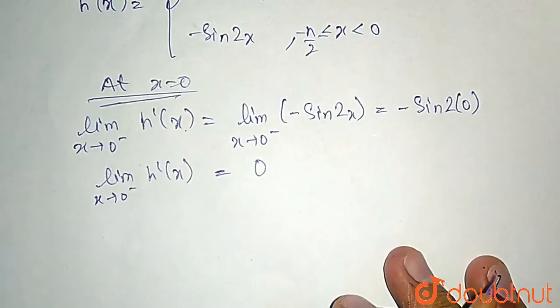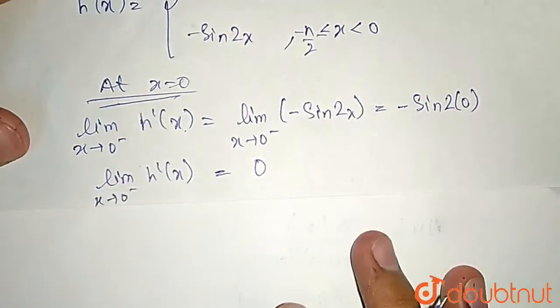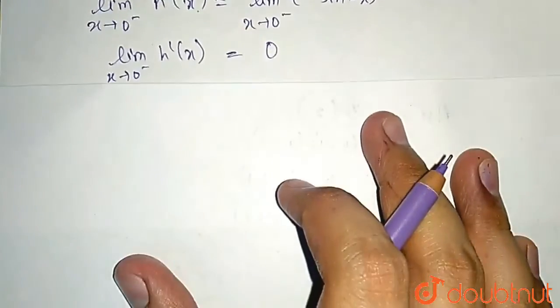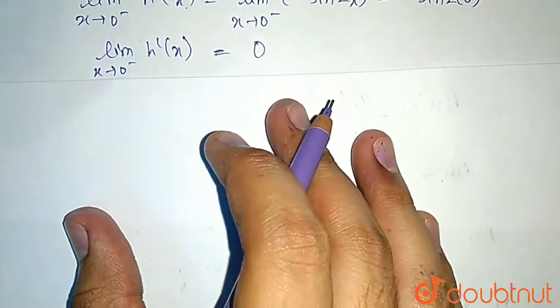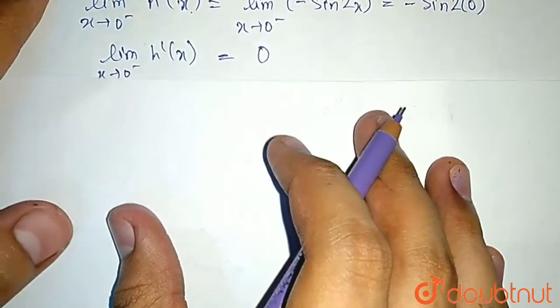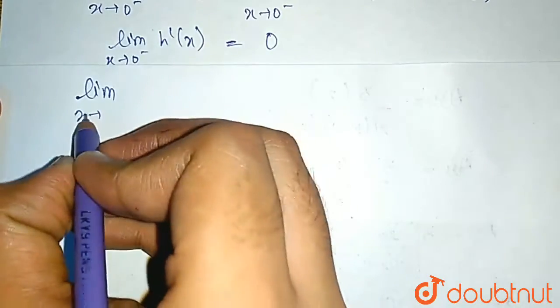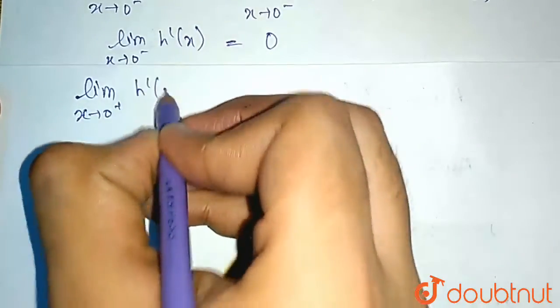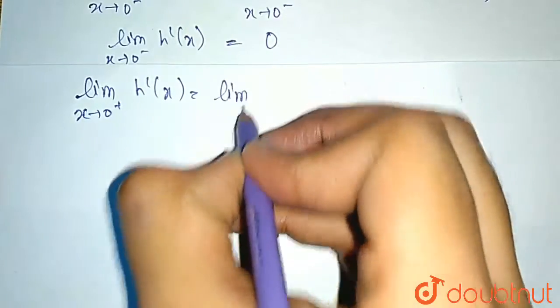Now we are going to check the right hand limit. Since we have the left hand limit equal to 0, the right hand limit is limit x tending to 0 positive h dash x, and for x greater than 0, h dash x is equal to sin of 2x.